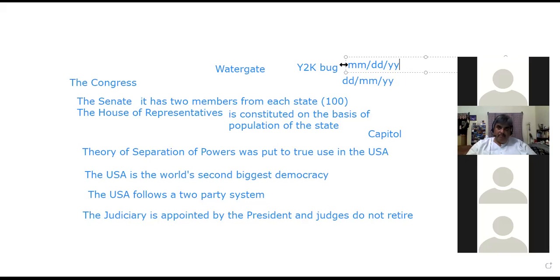So he appealed basically to rednecks, neo-Nazis, all of whom can now be clubbed under one category, which is called white supremacists.